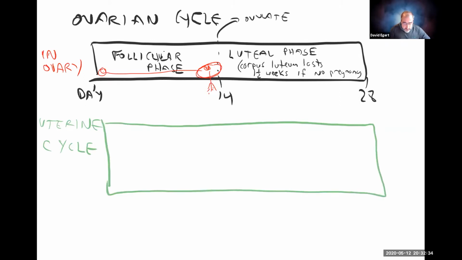So what's going on in the uterus at the same time as all this is happening? As the follicle develops, the follicle makes estrogen. That estrogen causes the uterine lining to regrow, and that regrowing is called the proliferative phase.